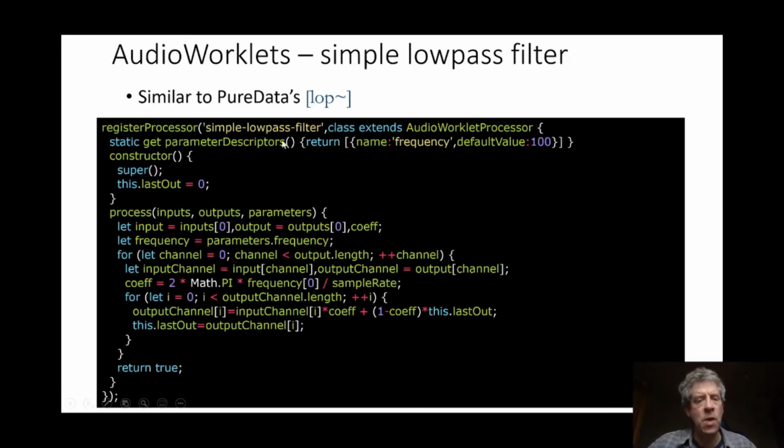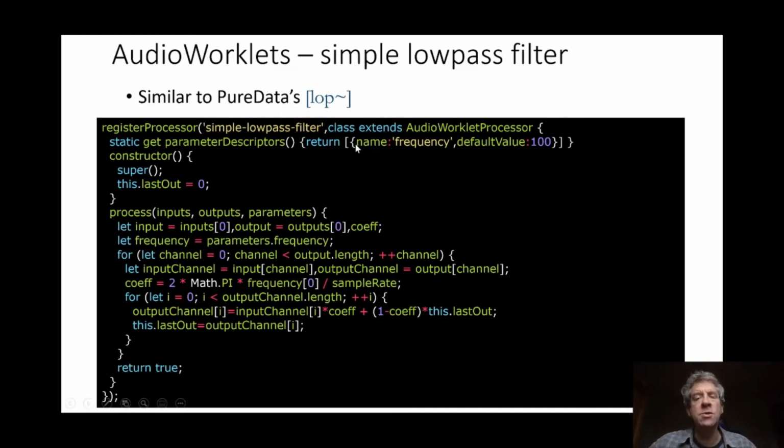So here we're going to have a parameter for our audio worklet. We want to adjust the frequency. So we have a static get for the parameter descriptors, where we can define all of the parameters we work with and their default values or their ranges, like the minimum and maximum value.